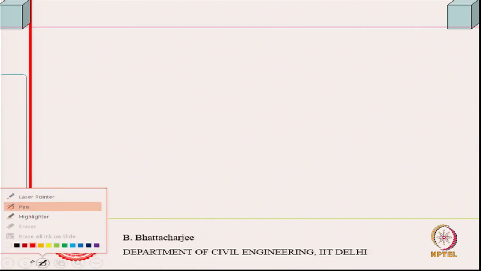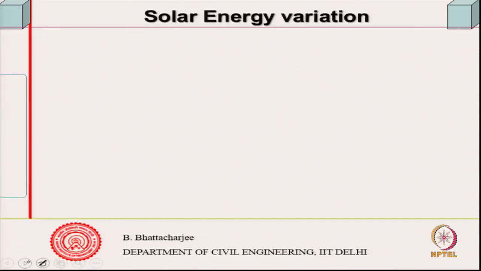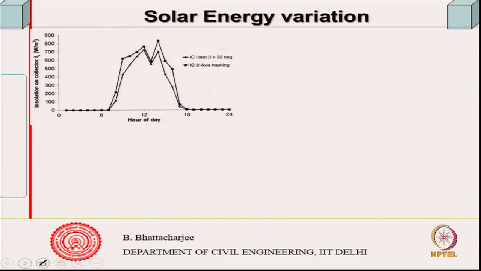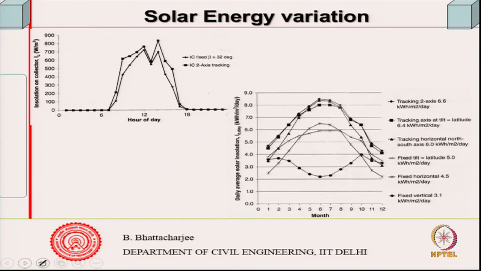So, if you look at the variation of solar energy, supposing I have a fixed insolation collector, IC stands for radiation on a collector.